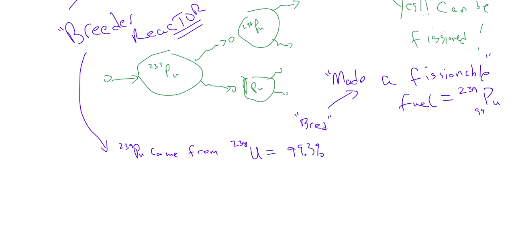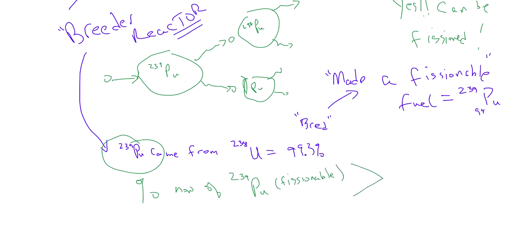So that means that the percentage of plutonium-239, remember, that's fissionable, is greater than 30%. Remember, 30% was the minimum percentage for a bomb. That was from physics.